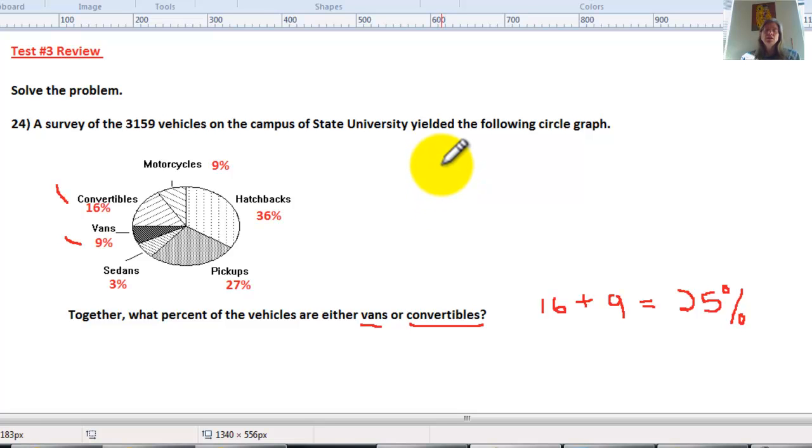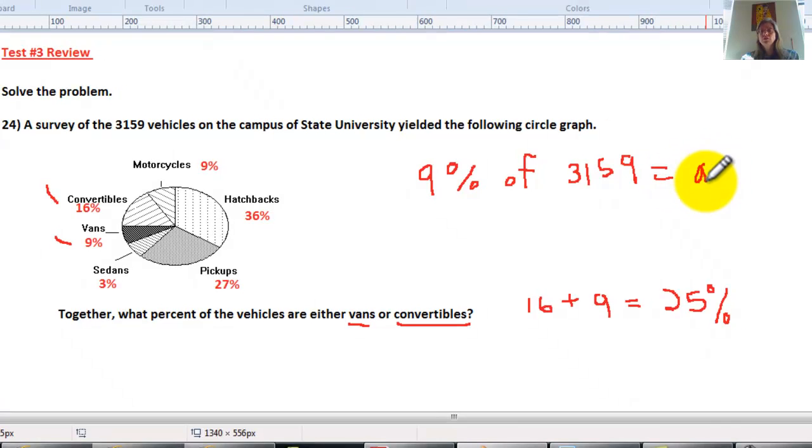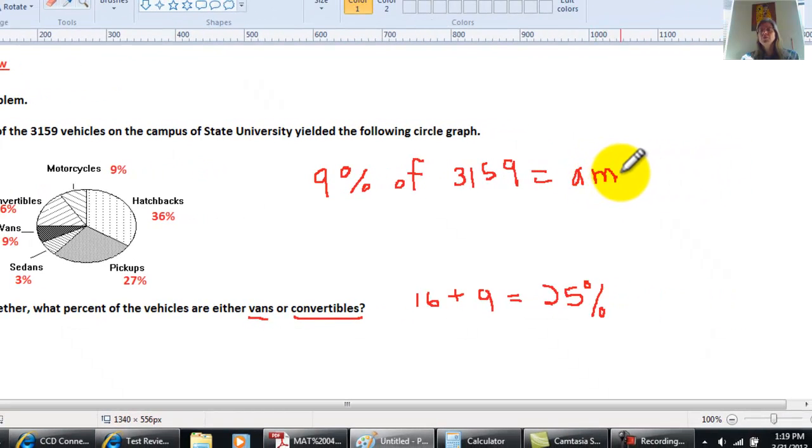You'd have to say 9% of the total of cars, which is 3,159, equals the amount of vans. That's the actual amount of vans. It could also be the amount of motorcycles, because they both have the same percentage.